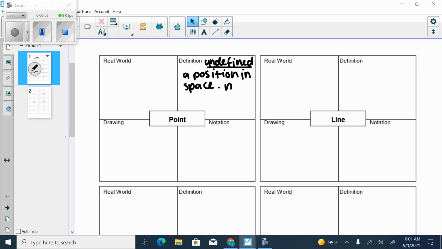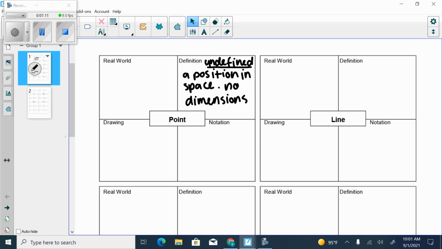And it doesn't necessarily have dimensions. So, no dimensions. If you notice, this is how defined and undefined terms work, this one would be undefined. Okay?